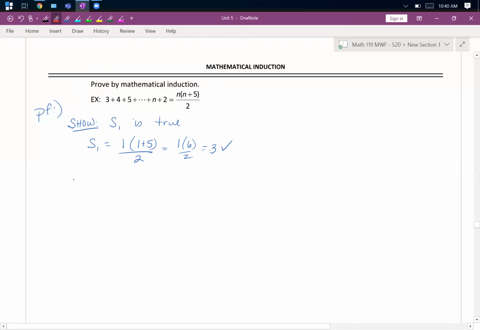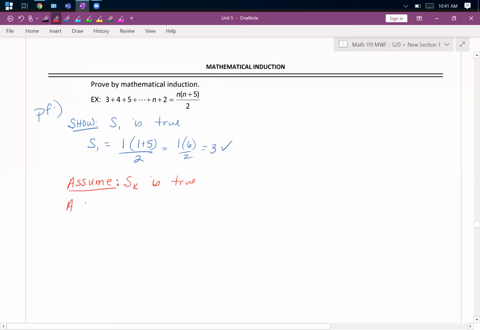Next, we're going to assume S sub k is true. Well, what does that even mean, right? So then I like to do a next line where I'm explaining what that means so I know what I have to use.